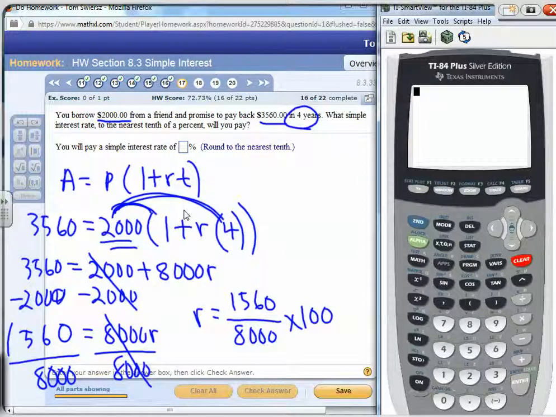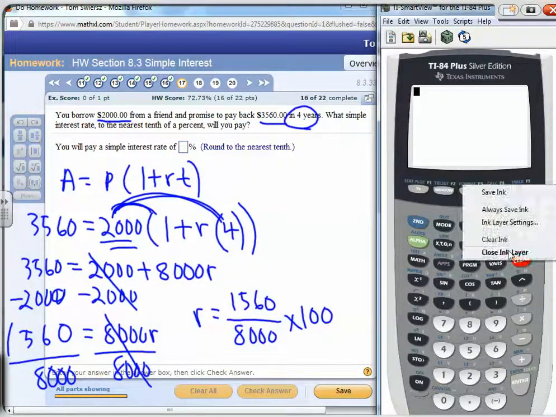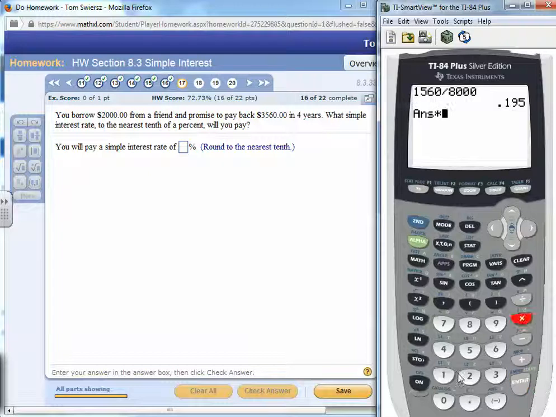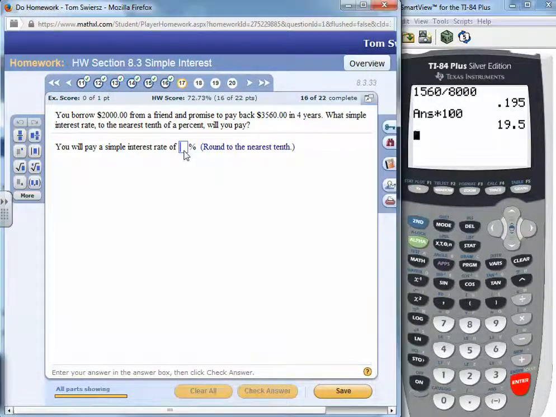So we got 1,560 divided by 8,000 and then turn it into a percent. So we'll do that on the calculator. 1,560 divided by 8,000 and multiply by 100 to turn into a percent.